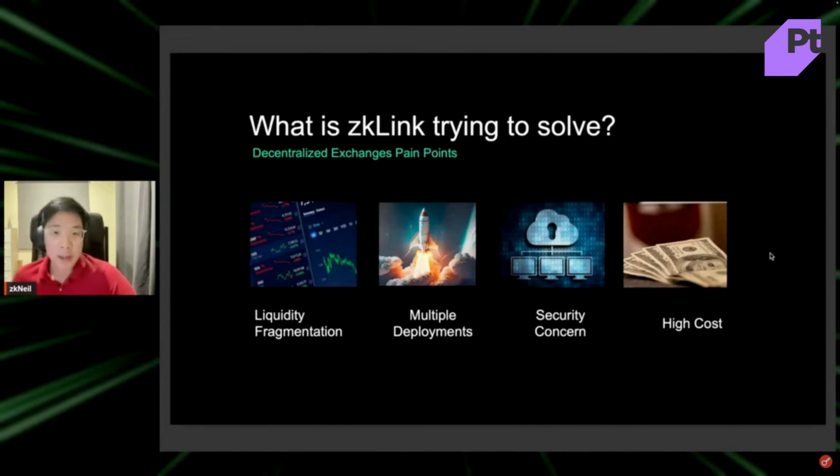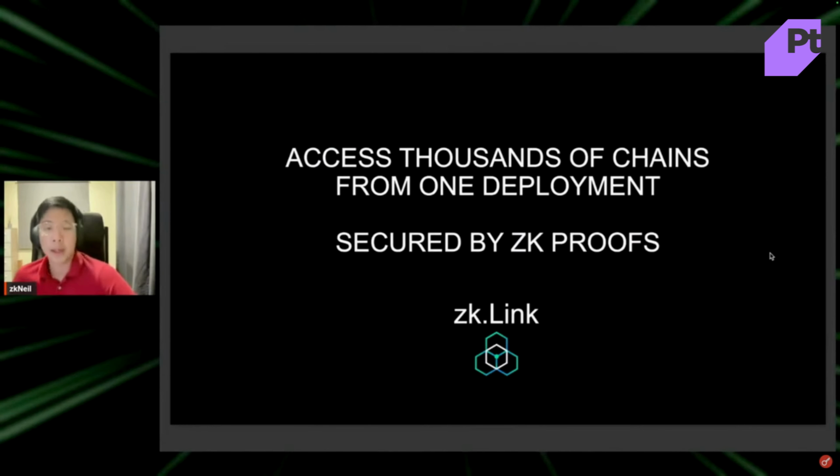So what we've done is envision an entire future of what would happen if you could access thousands of chains from one deployment, secured by the paramount of DeFi security, which is ZK proofs. And that's when we built out ZKLINK.